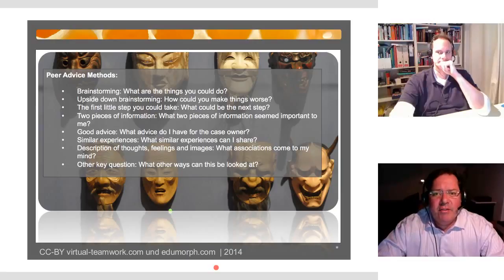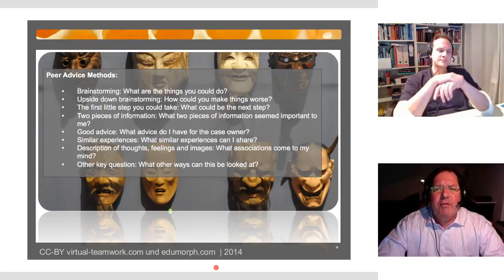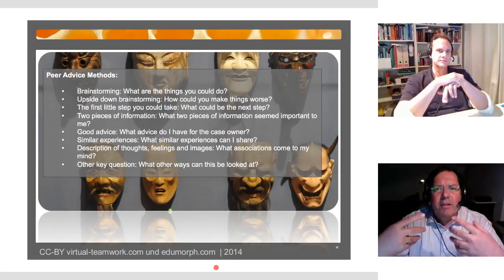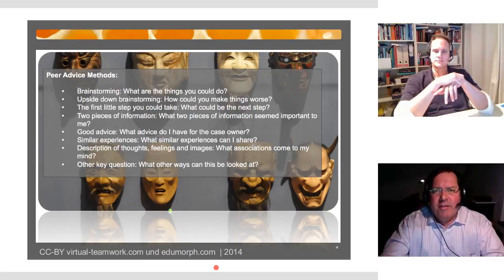Maybe a less familiar method for you is upside-down brainstorming, sometimes called paradoxical brainstorming, where from the case description, we try to imagine how the case presenter could drive this dilemma or this problematic situation to complete and utter failure.